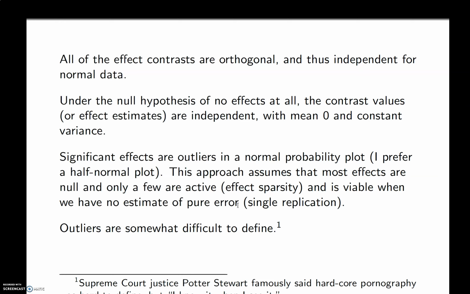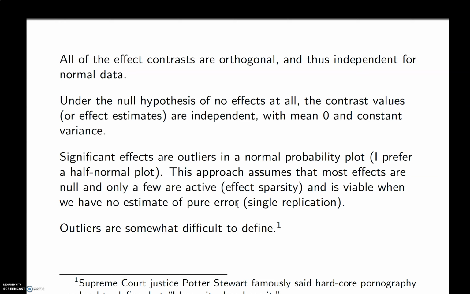Gary recommends a half normal. I don't really care either way. Our software, though, does a QQ normal probability plot, so we'll probably just use that. This approach assumes that most effects are null and only a few are going to be significant, outlying.